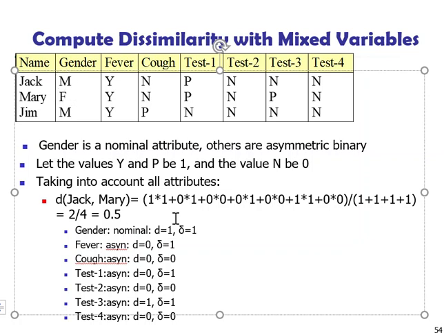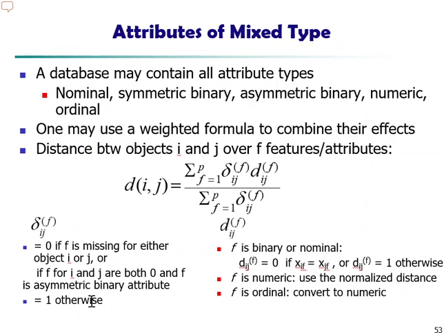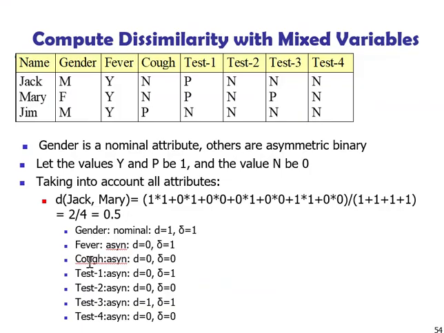Therefore, our weight should be 1. So this is this condition. For fever, we know fever is asymmetric. So if both are yes, then we will count that. So the weight is 1, and the distance is 0 because they're exactly the same.